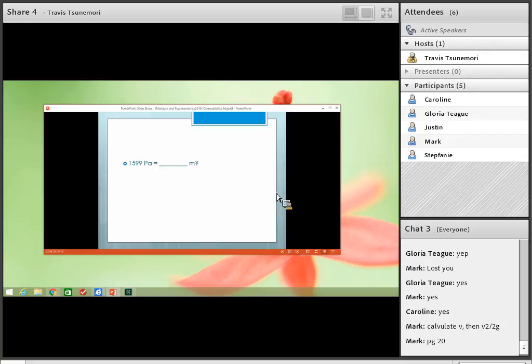So what do we do to get it into meters? So a pascal is Newton per meter squared, and a Newton is a kilogram meter per second squared. We talked about this last week. So if we want to convert the pascals into meters, we're going to need to divide by density.